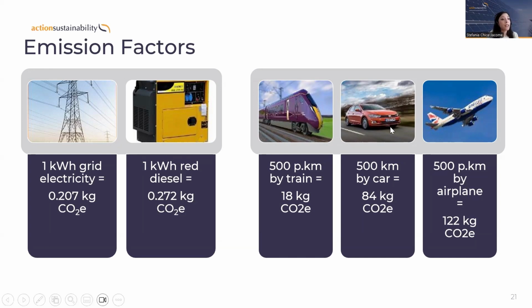So we're comparing how much carbon emissions you emit if you travel 5 kilometers by car, by train, or by airplane. And as you can see here, when you use a plane, you're basically emitting 80% more carbon emissions than when you use a train. Okay, so that's just an example of how you can use emission factors and carbon data to compare different options.